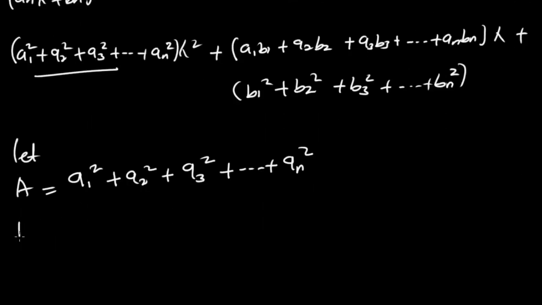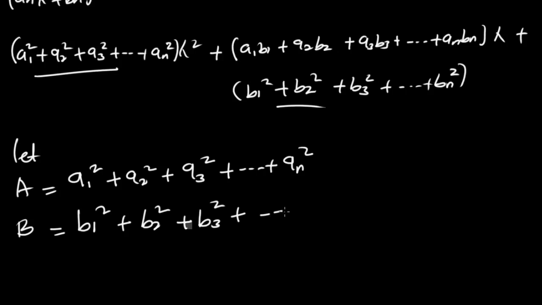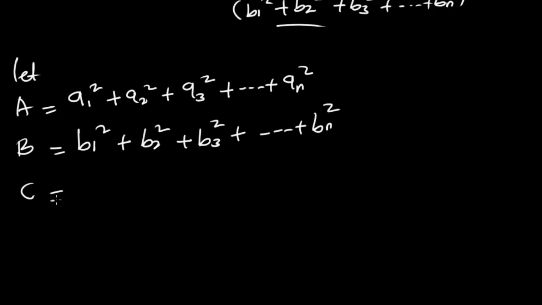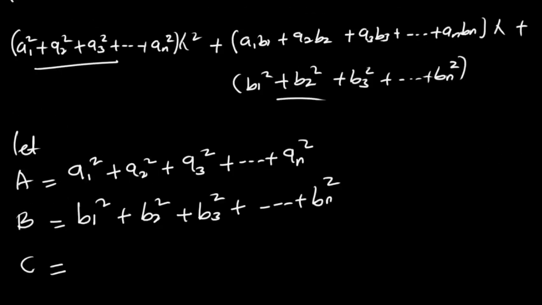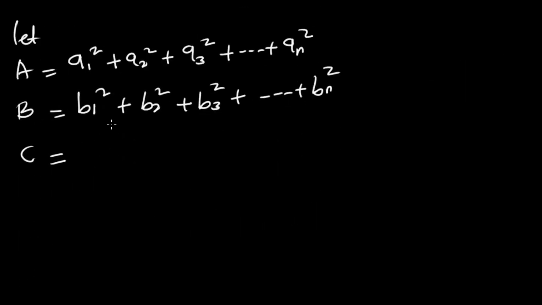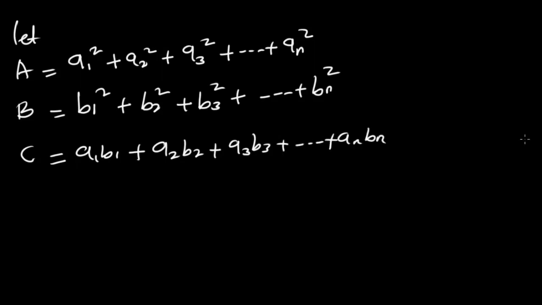Also we can substitute B to be equal to everything we have here, which are the b values: b1 squared plus b2 squared plus b3 squared plus bn squared. And also we can substitute C to be equal to all the expressions that contain only lambda, which are a1 b1 plus a2 b2 plus a3 b3 plus an bn.